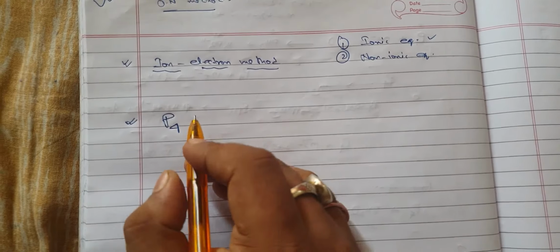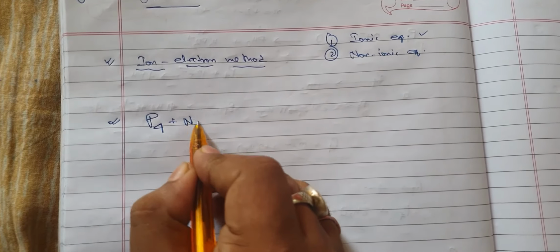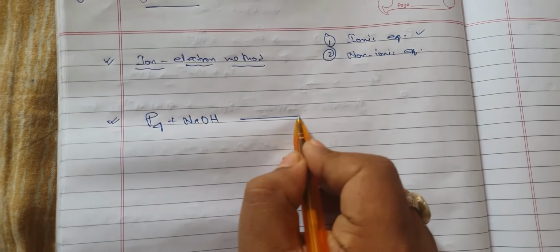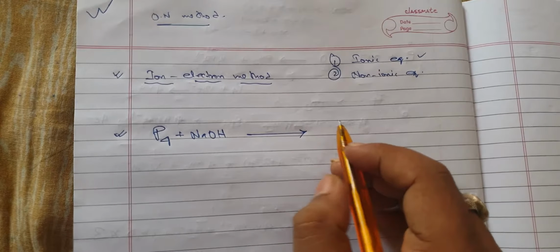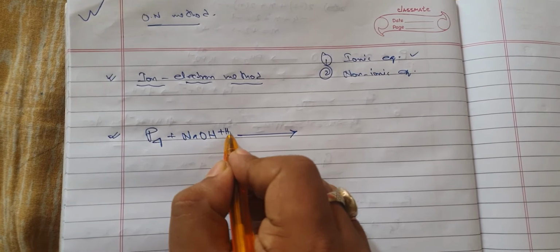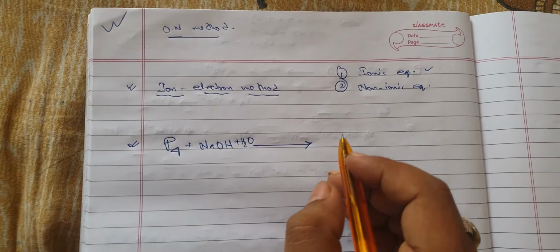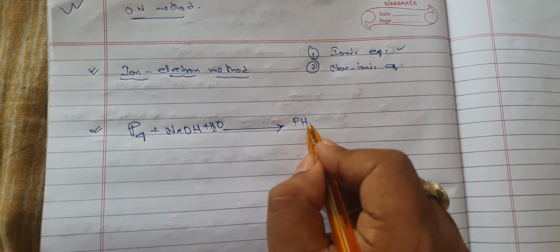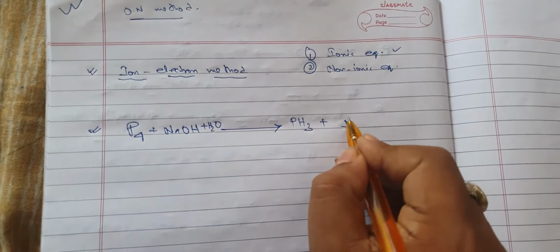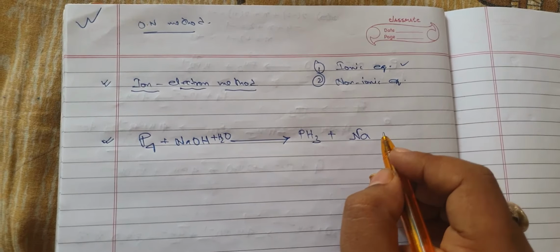Suppose P4 is given to you plus NaOH, plus H2O also is there, giving PH3 plus NaH2PO2.